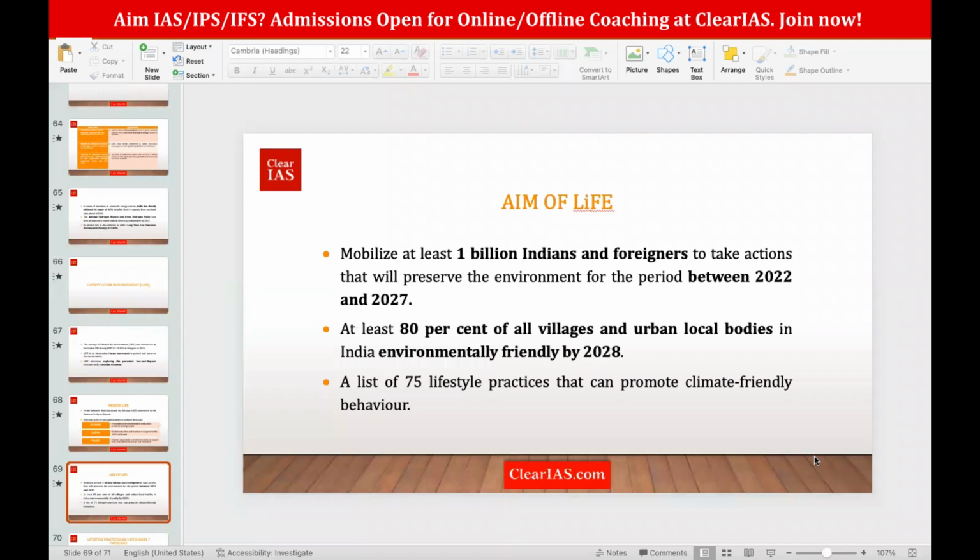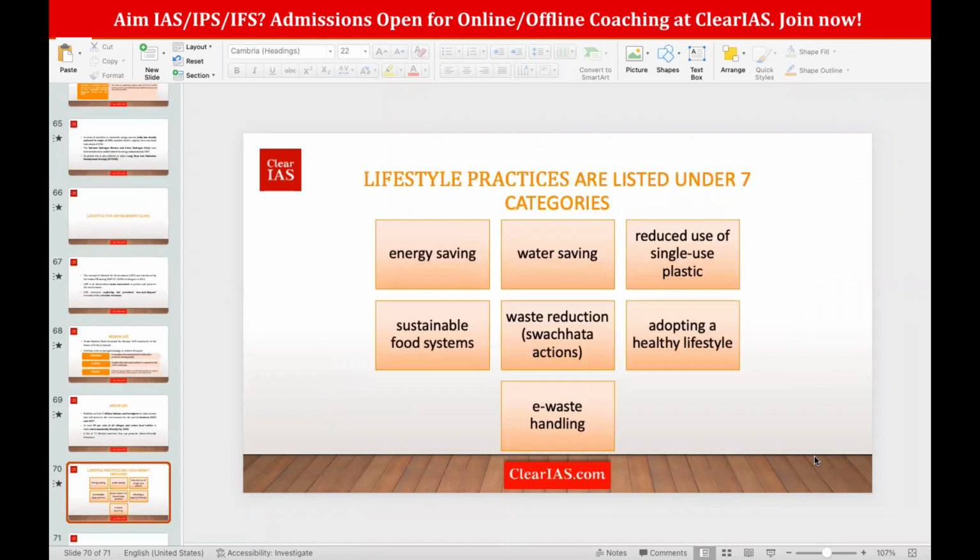There are 75 lifestyle practices which LiFE has listed out, categorized into 7 categories: energy saving, water saving, reduction of single-use plastic, sustainable food system, waste reduction, adoption of a healthy lifestyle, and e-waste handling.